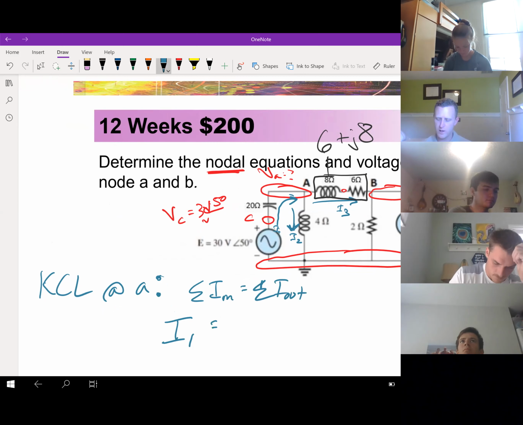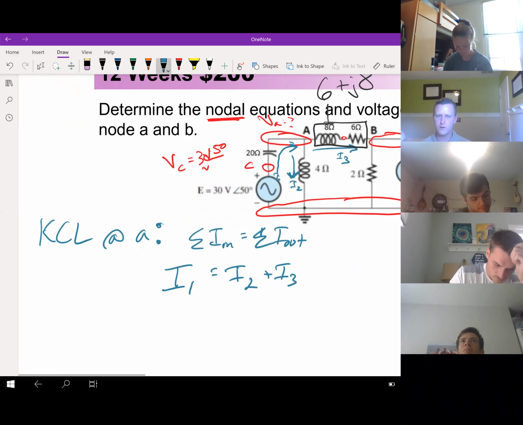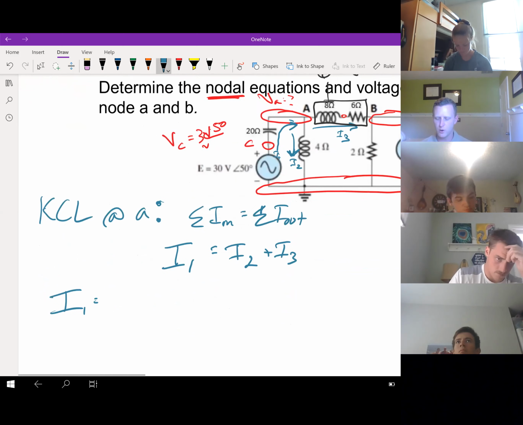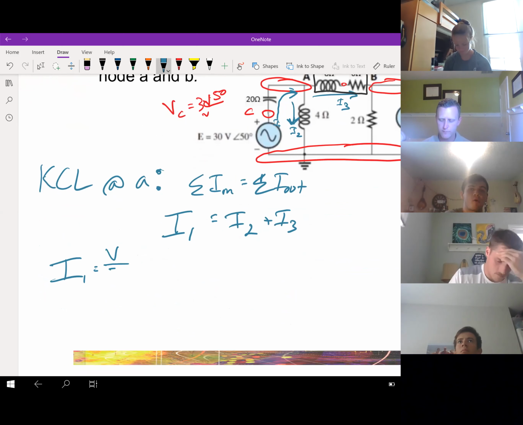What's coming out of A is I2 and I3. Okay, there's the beginning. Now for each of these, if I know the current, I know the current. If I don't know the current, I do Ohm's law. Ohm's law is V over Z. I2, V over Z. I3, V over Z.